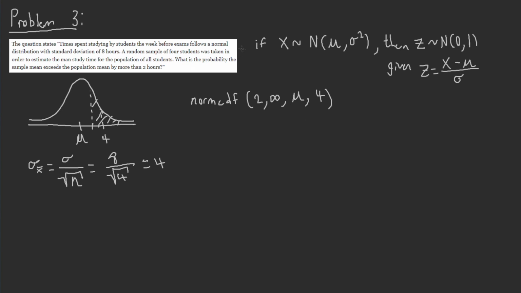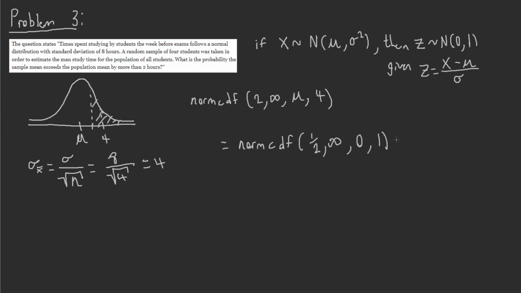And so we're asked what is the probability that the sample mean exceeds the population mean by more than 2 hours. And so this is the probability of the z-score being higher than 1/2, because this is half of a standard deviation. And the probability of the z-score being higher than 1/2 is just going to be, from a standard normal distribution, the normal CDF from 1/2 up to infinity with a mean here now of 0 and a standard deviation of 1.